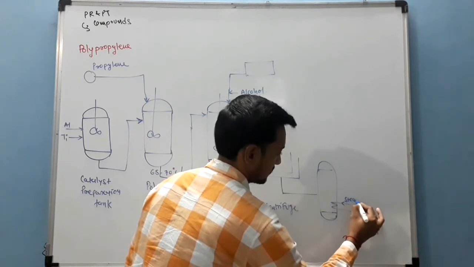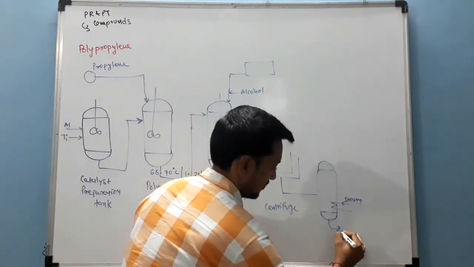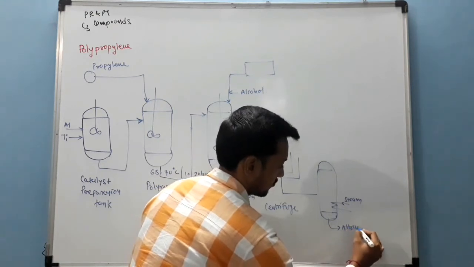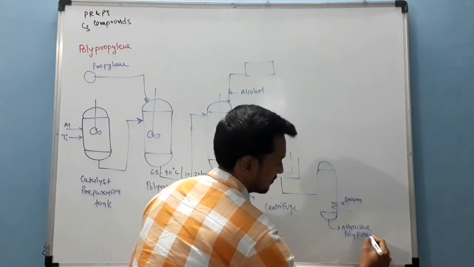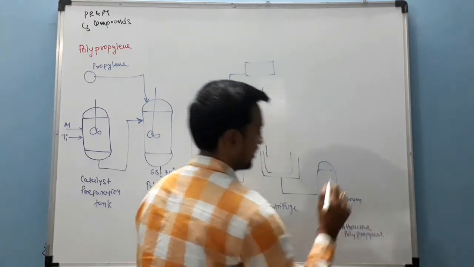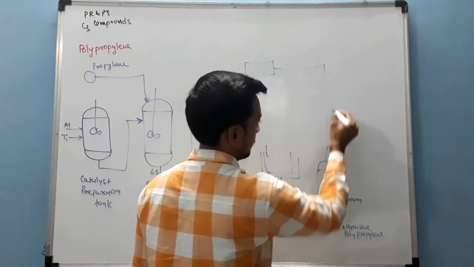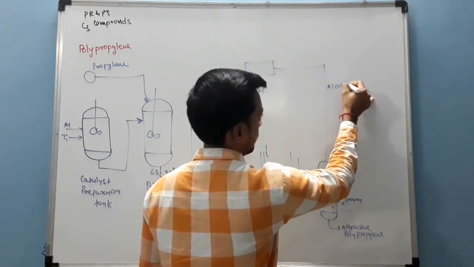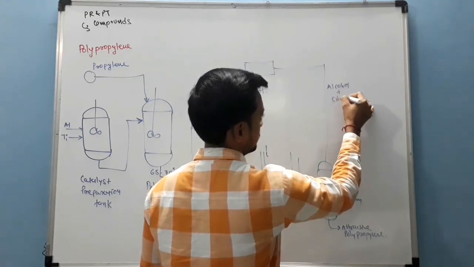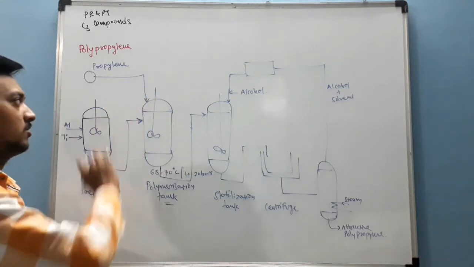Steam is there. From here we remove atactic polypropylene, and alcohol plus solvent is recycled and fed back to the column.